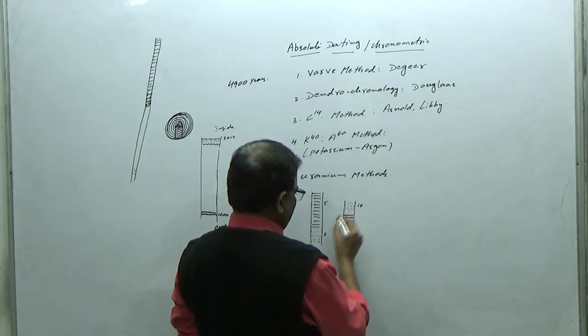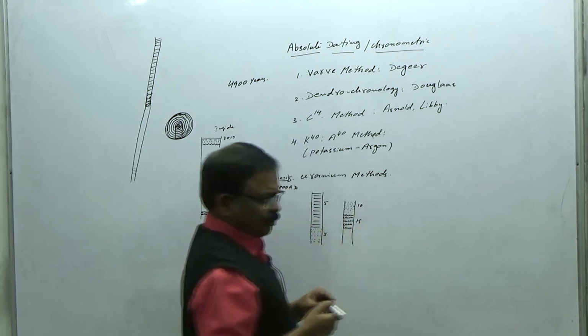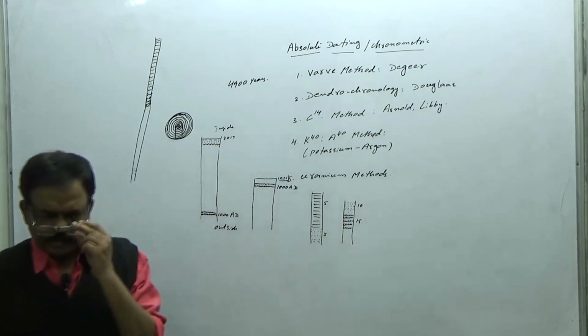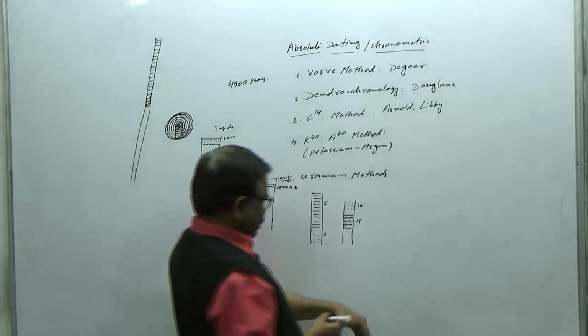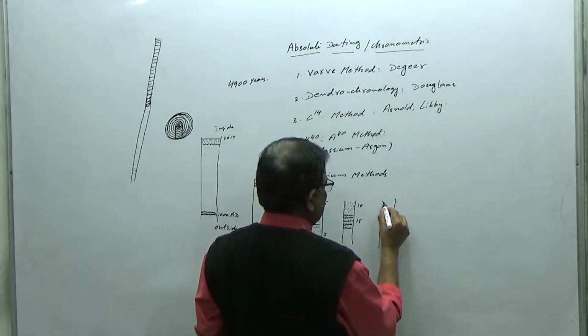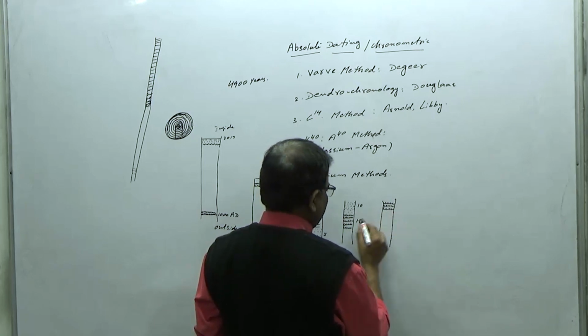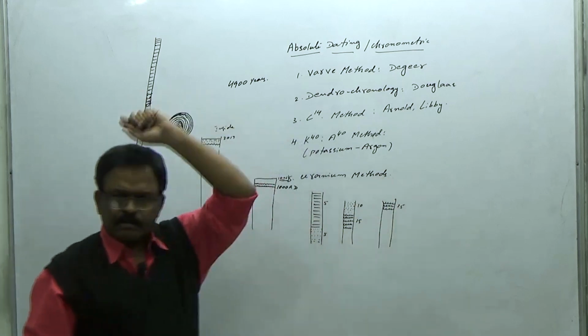That means this is 10,000 back, this is 15,000 back. Then another they collect, something like this. That means these layers formed 15,000 years back.